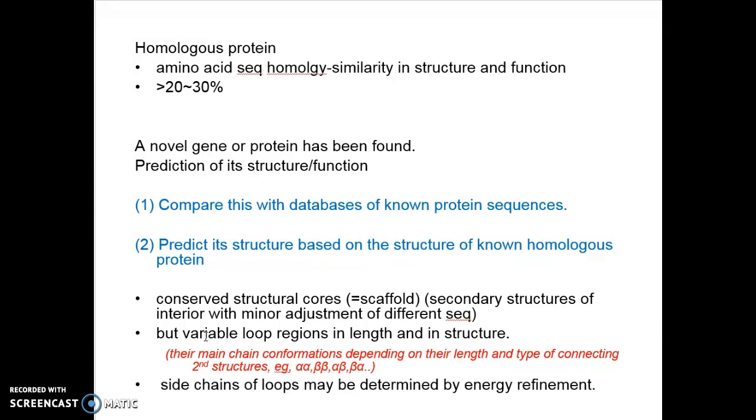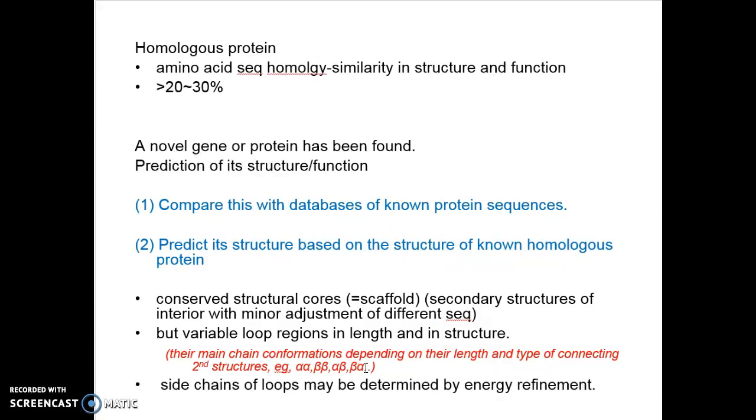The conformation of loops depends on the number of amino acids in the loop and the types of secondary structural elements that it connects, whether they are alpha-alpha, beta-beta, alpha-beta, beta-alpha, something like that, rather than on the actual amino acid sequences.